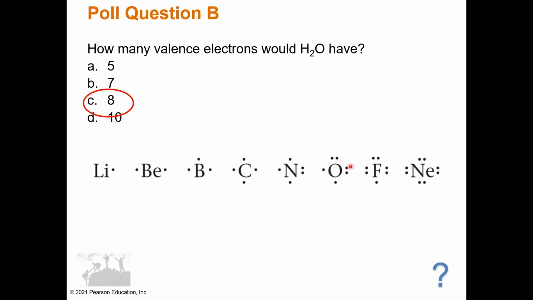We have 6 valence electrons for oxygen. If you look at the periodic table, you'll see that hydrogen would have 1 valence electron, but because we have 2 hydrogens, we need to add 2 to the 6 from oxygen so that we get 8 valence electrons for H2O.